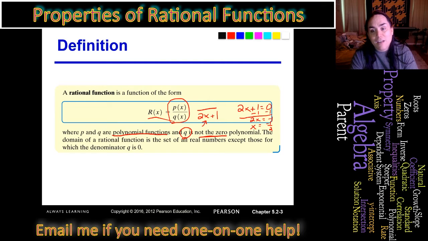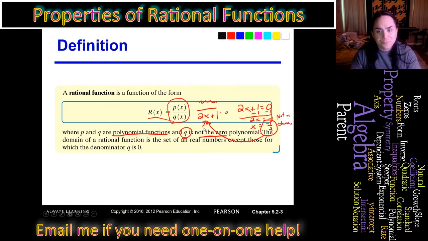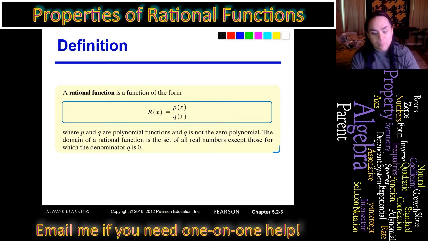So if I have some kind of function up on top and the function on the bottom in the denominator is 2x plus 1, negative 1/2 would not be in the domain. Because if I put negative 1/2 into this function, if I evaluate it for negative 1/2, that's going to give me a denominator of 0, and that is not allowed. All right, so the denominator cannot equal 0.